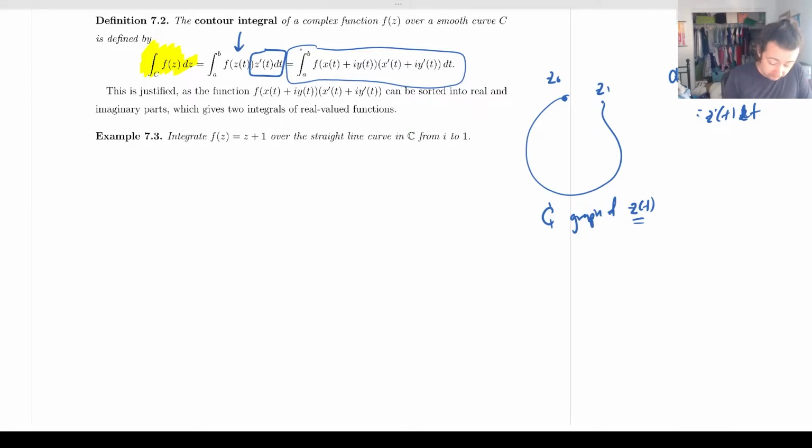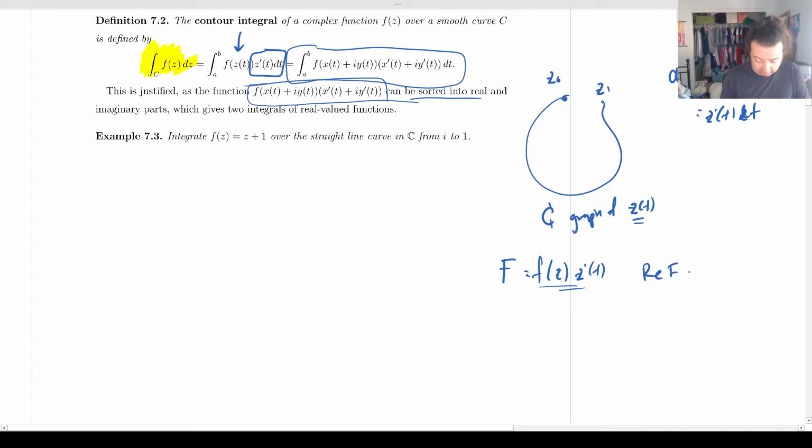So if we call this function capital F, equal to f of z times z prime of t, this function can be sorted out into a real part of F plus an i times an imaginary part of F.